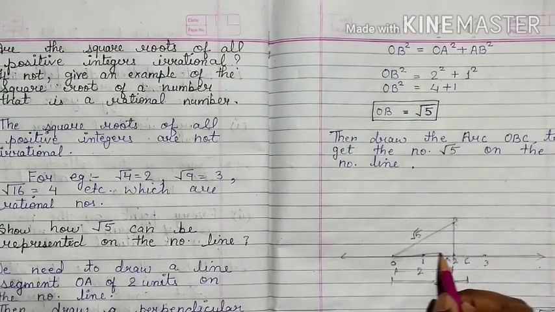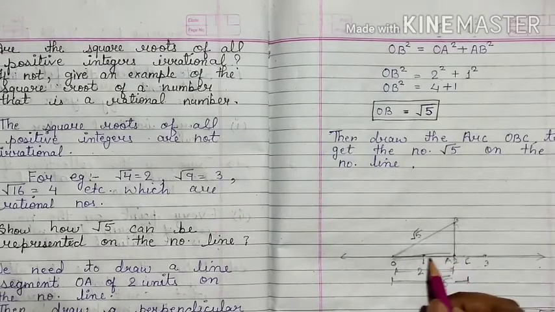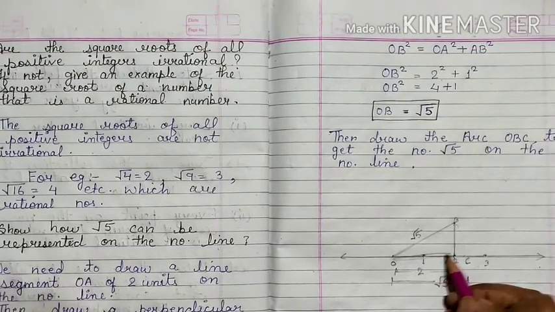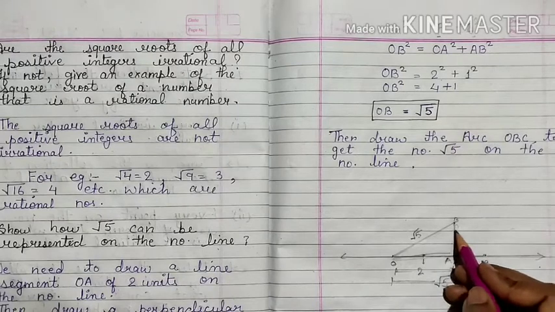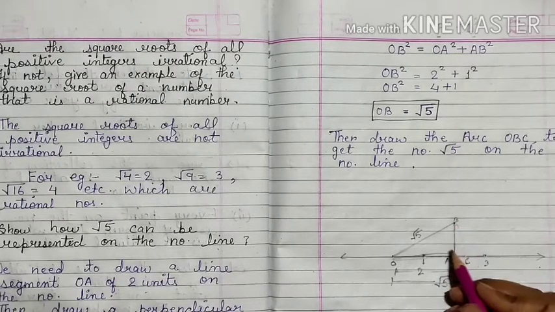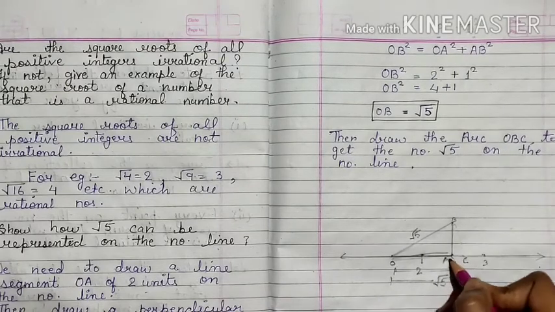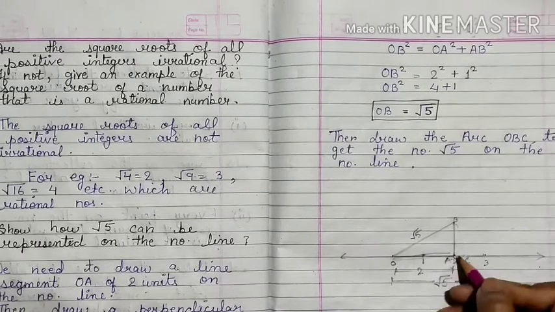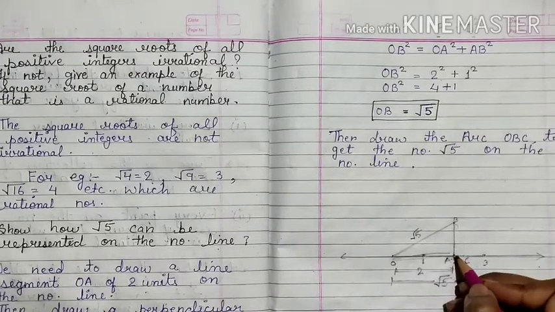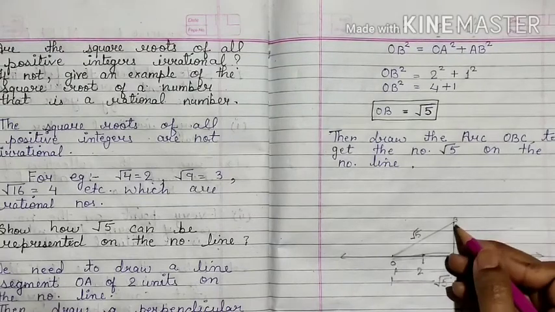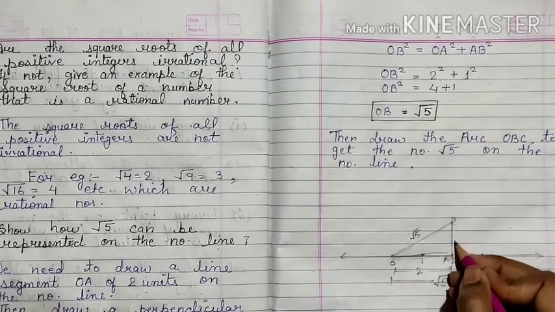First we take 2 units, then we have to construct a 90-degree angle. We can draw it with a compass or a protractor also. Here we have drawn a 90-degree angle, then it is 1 unit.